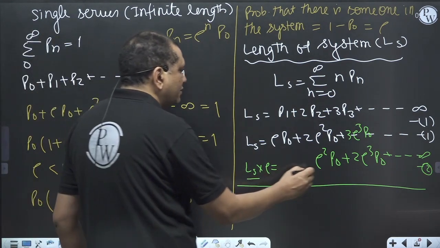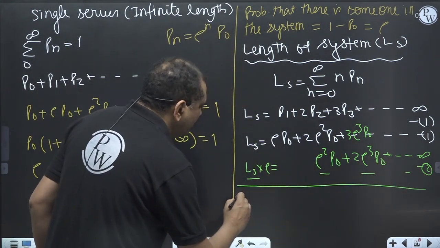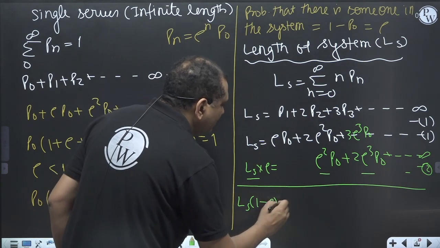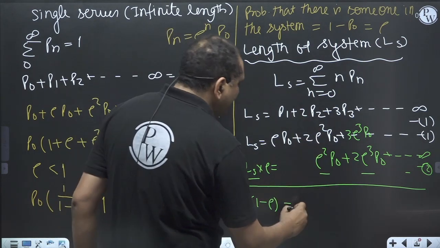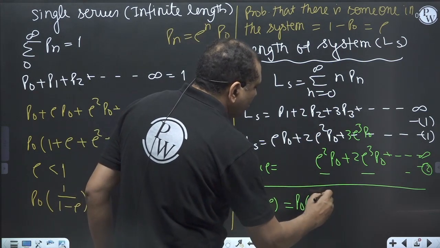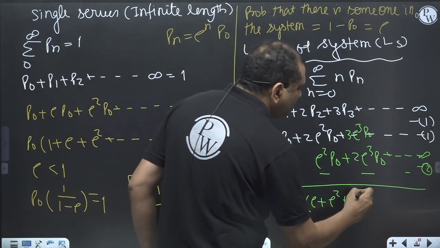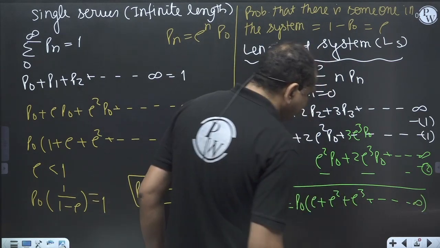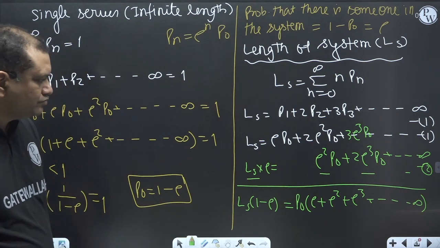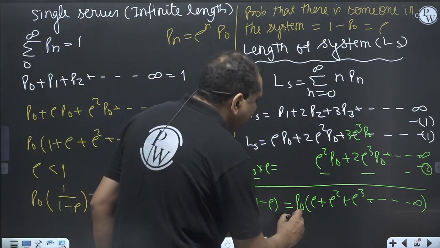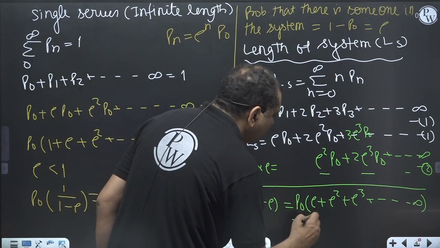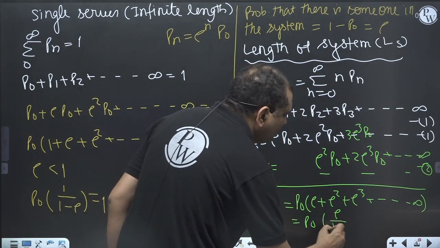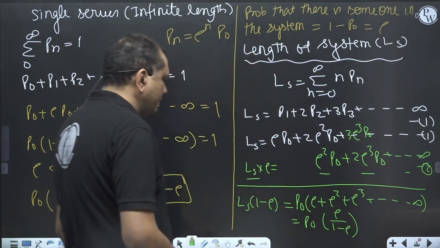Subtract. So Ls into 1 minus rho is equal to, take P naught common out, rho plus rho square plus rho cube and so on, and this will be P naught into rho over 1 minus rho.